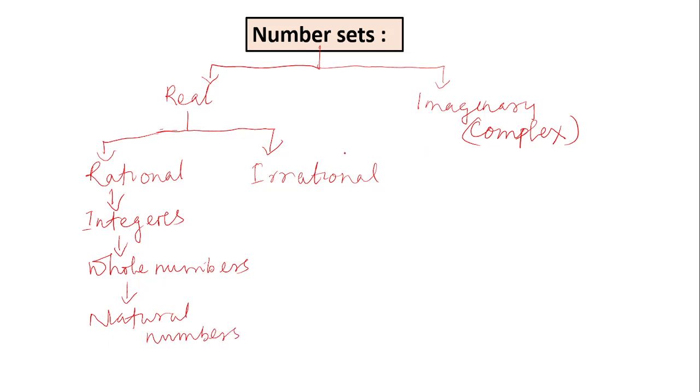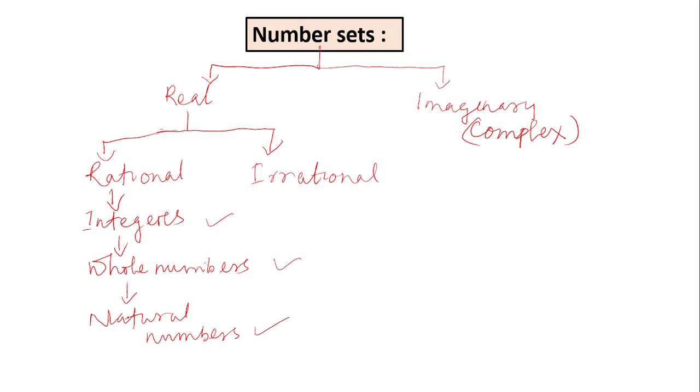So in this way, we can say that numbers are divided into two parts: real and imaginary. Again, real numbers are divided into rational and irrational. And the rational number set contains integers, whole numbers, and natural numbers.